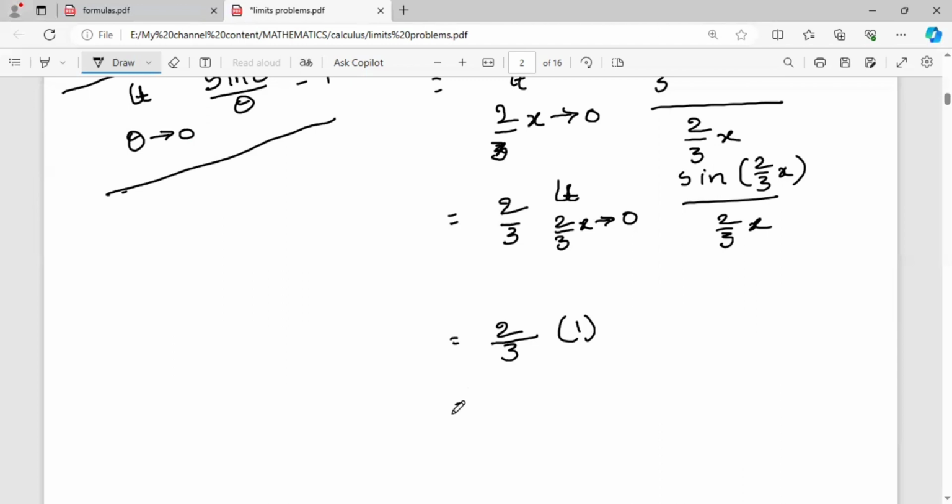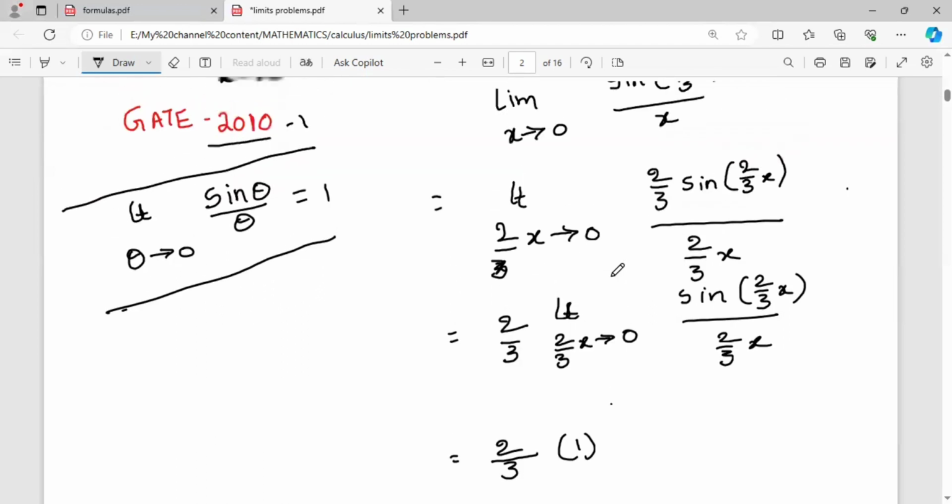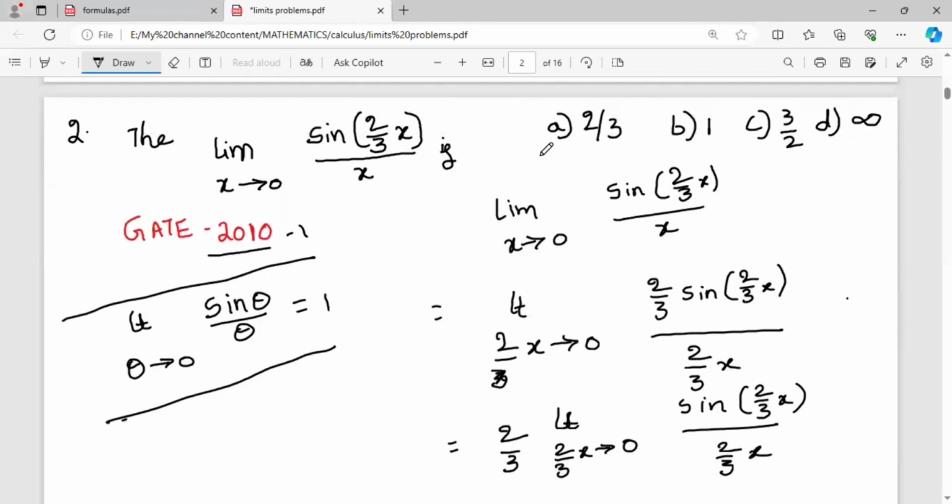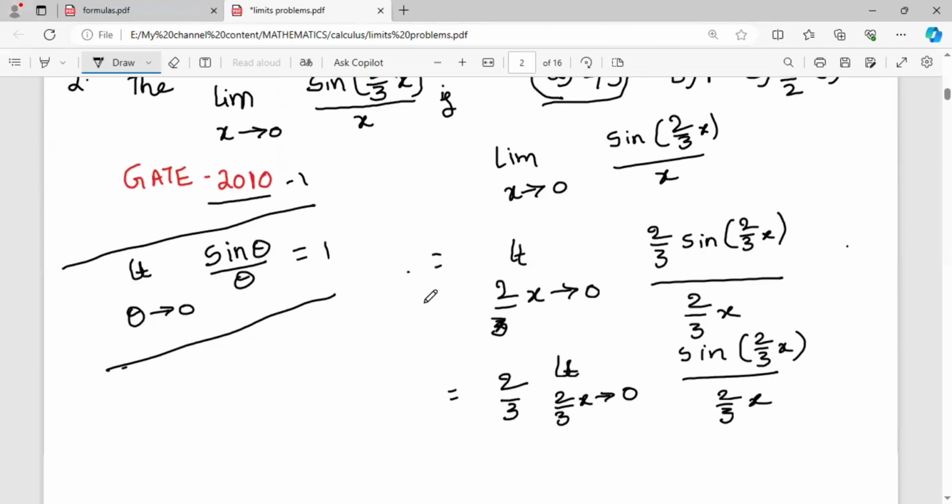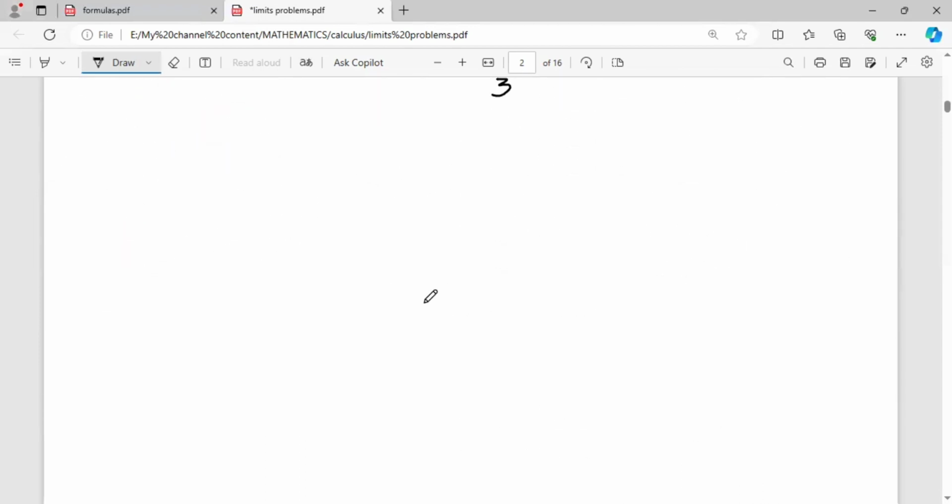So the expression value is 2 by 3. In this way we can solve it. The option is 2/3, so this is the answer. Okay. Next, coming to another problem.